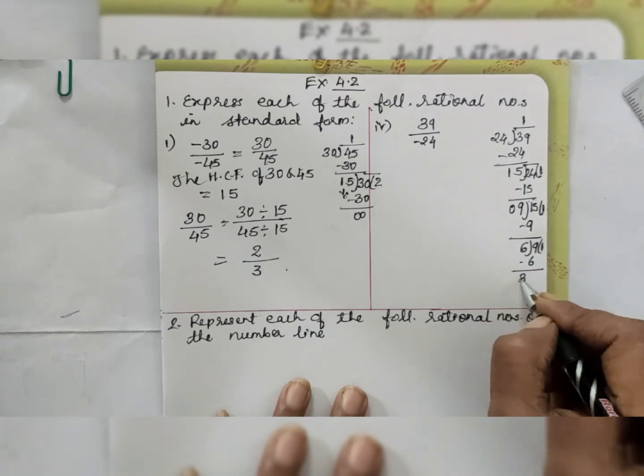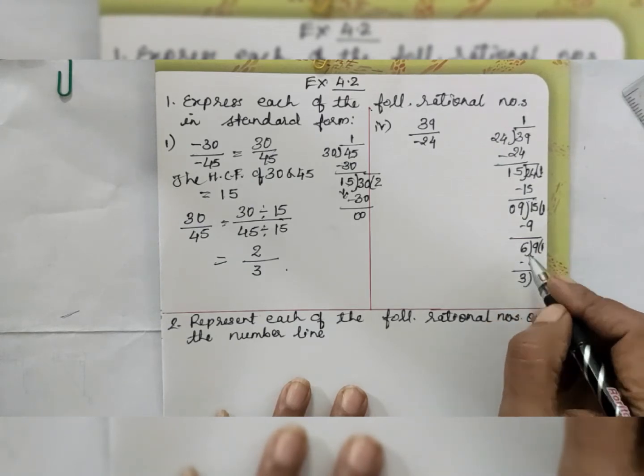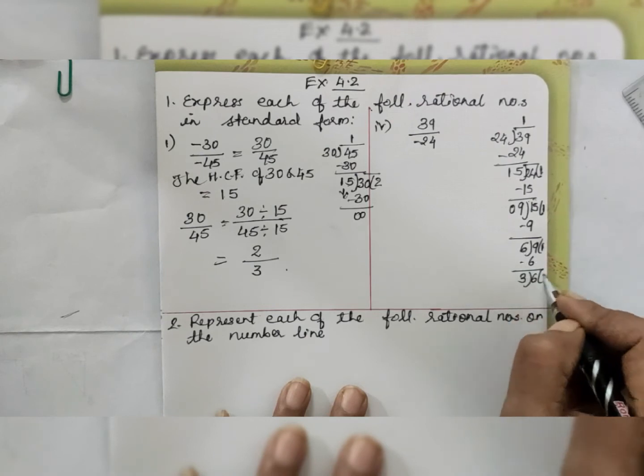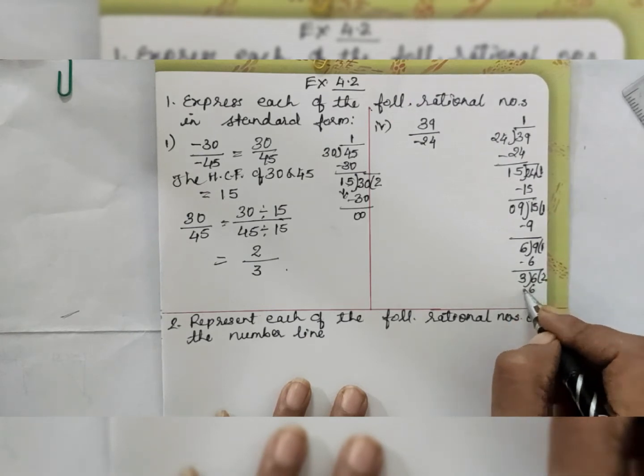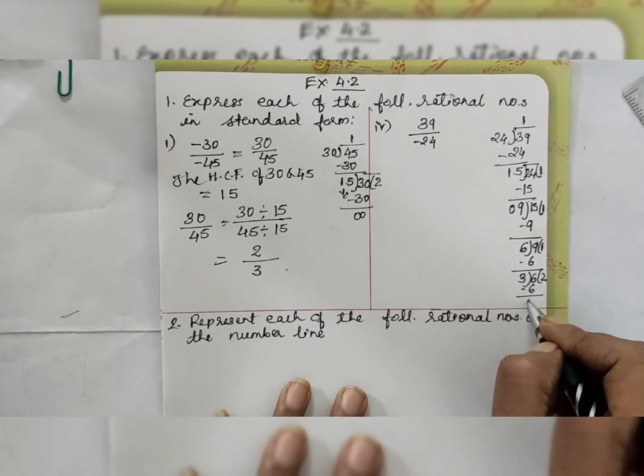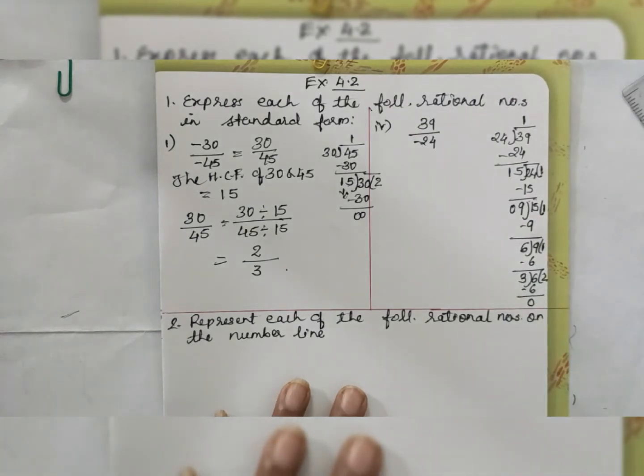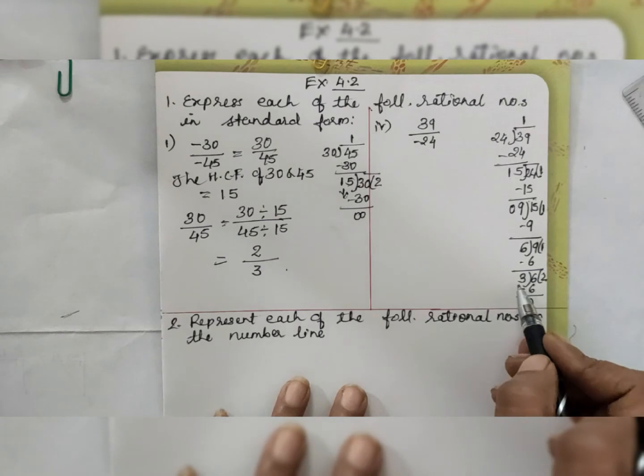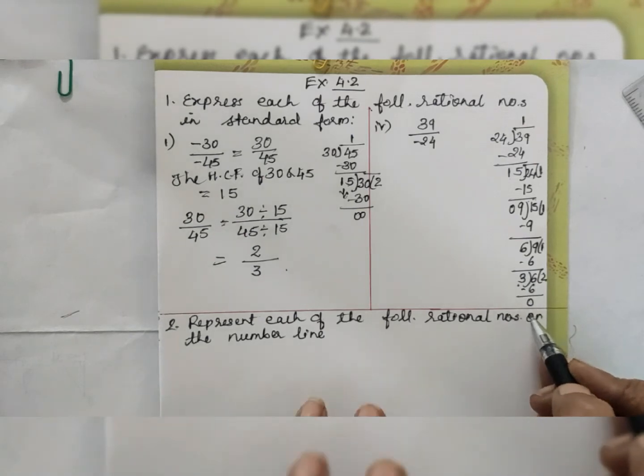Now 3 is the new divisor, and 3 twos are 6. Now you got the remainder 0. It means your HCF is 3, as by the divisor 3 you are getting the remainder 0.